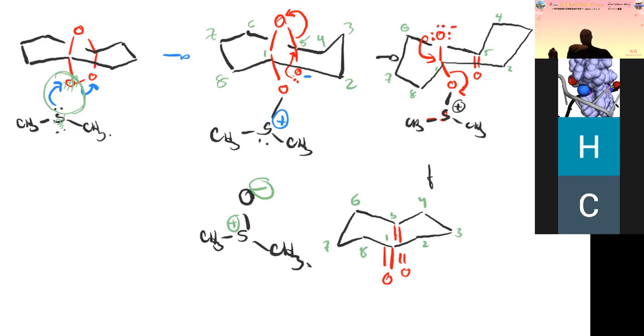So a halogen attacks at the less hindered carbon, Br dot, Cl dot, whatever. That comes into the less hindered carbon.